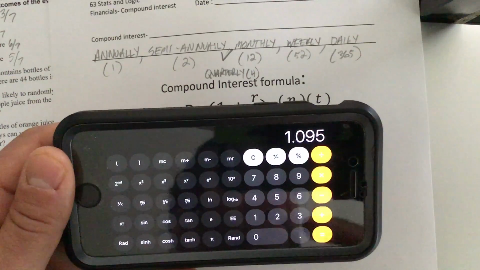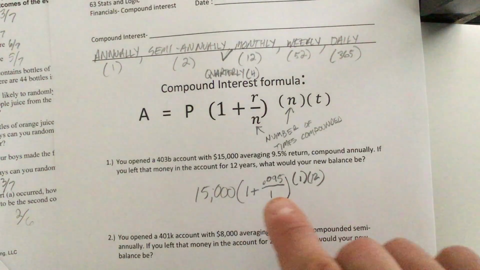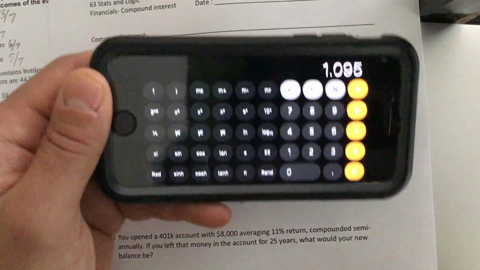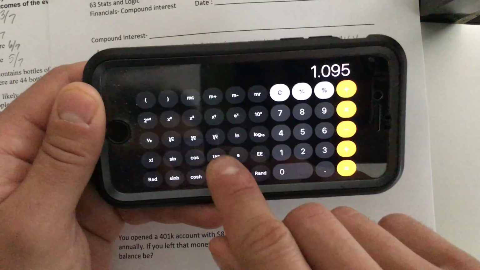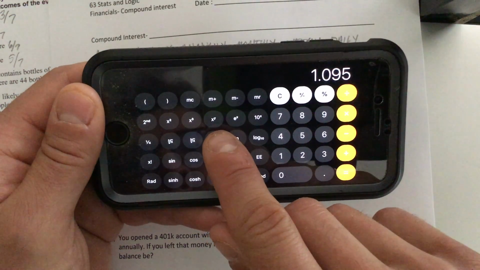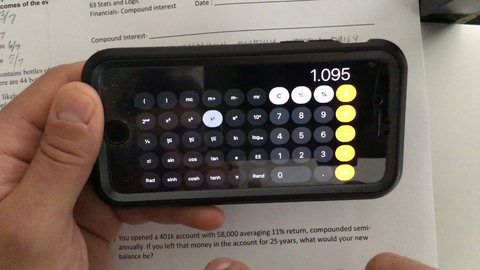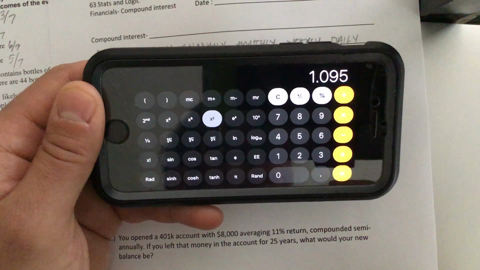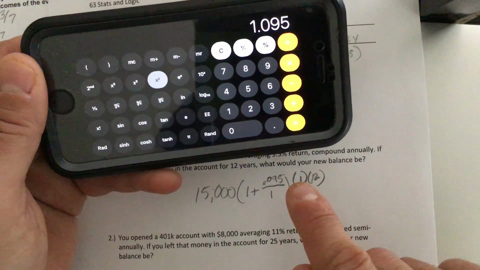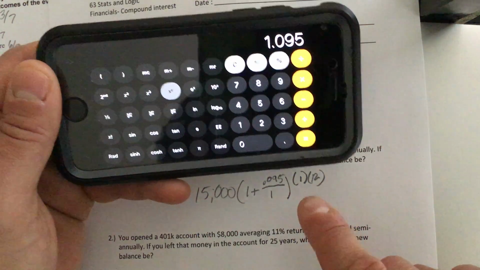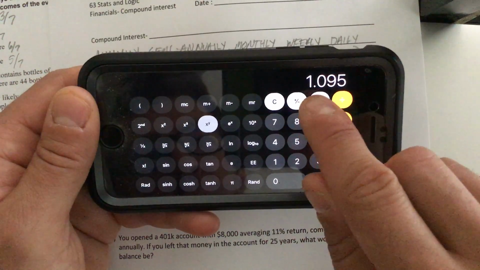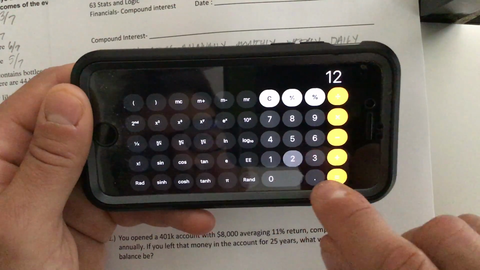Now, that's what's in this value right here. That's great, but that's to a power. Specifically, if you look over here, you see x to the power of y. We're going to press that. Now, whatever we type in next will be our exponent. Well, our exponent is 1 times 12, or 12. So 1.095 to the 12th power.